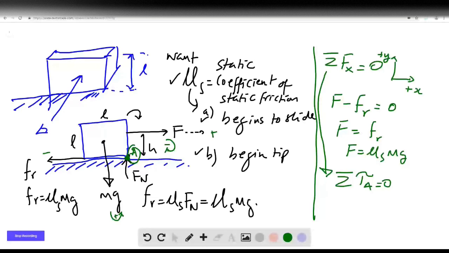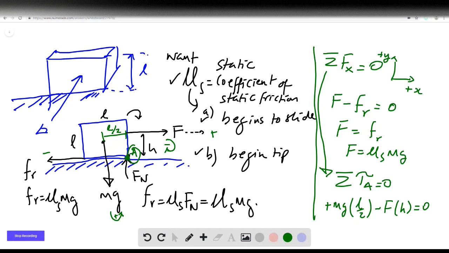Those two torques oppose each other. The weight is in the middle of the box, so the perpendicular distance from the edge is L over 2. So we have positive mg times L over 2, minus F times h, equals 0.